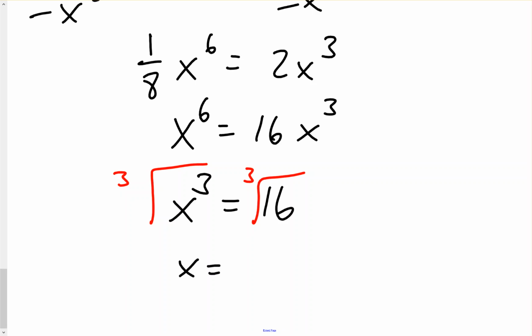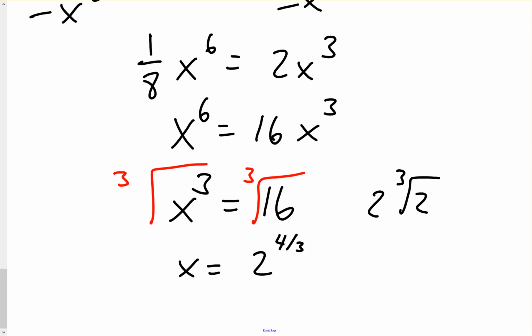So in other words, we would have 2 to the 4/3. So x would equal 2 to the 4/3.